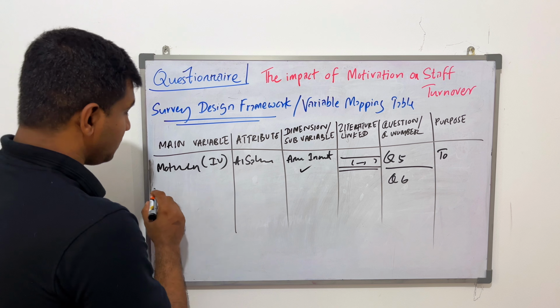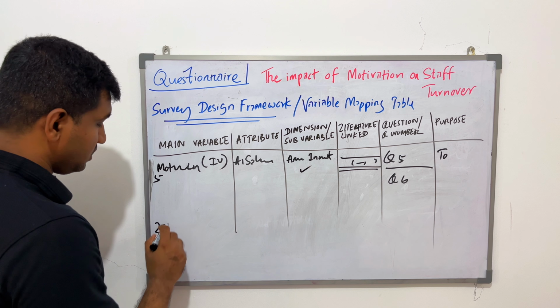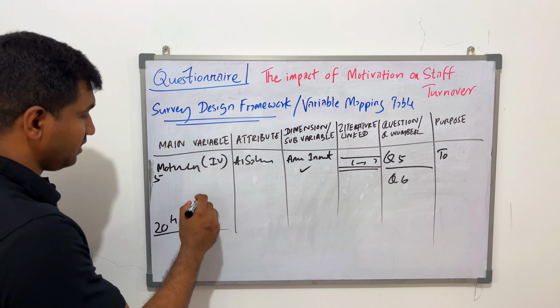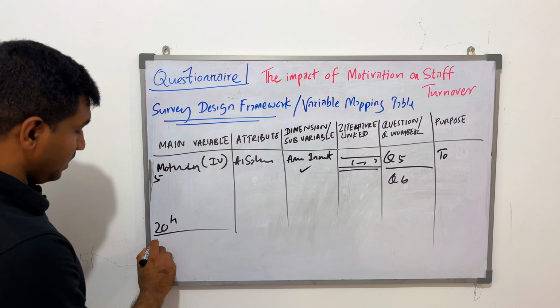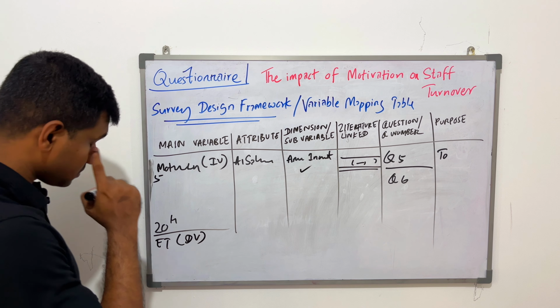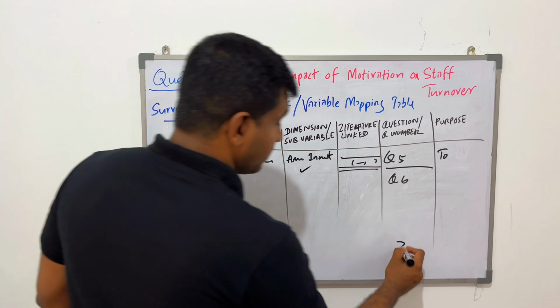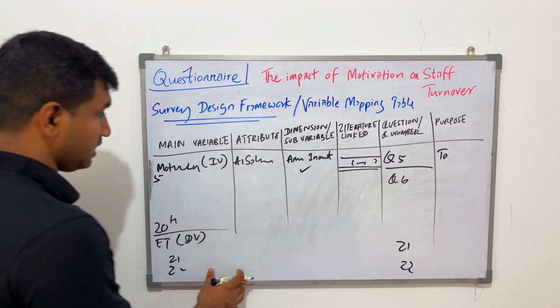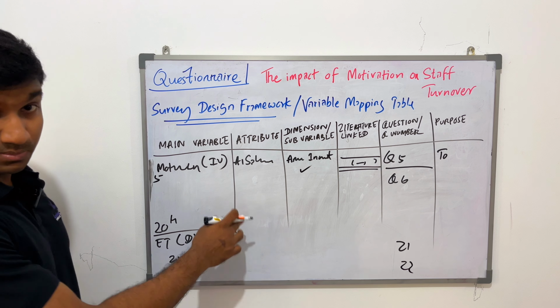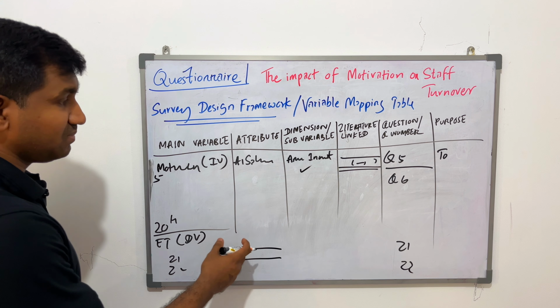Motivation, then you will have from the 5th to 20th question on the independent variable. Then you write employee turnover, that is your dependent variable, and then you will have questions 21, 22 here. There's no attribute here, so these two you have to leave blank.